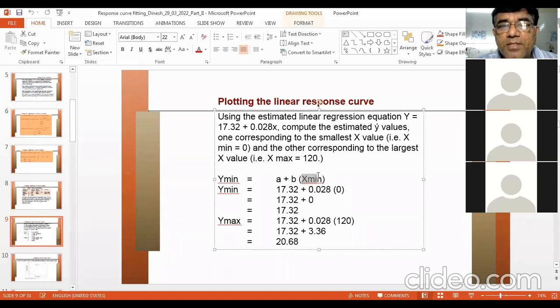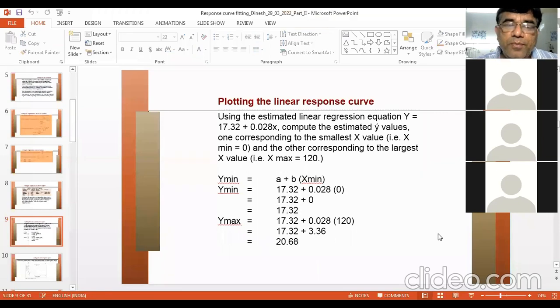This x minimum is 0. So y minimum is 17.32 plus 0.028, and in place of x you put 0. So it comes out to be 17.32. That is the estimated value. In this equation, if you put the value of x as 0, your estimated value of y will be 17.32. This is how we are making a prediction.